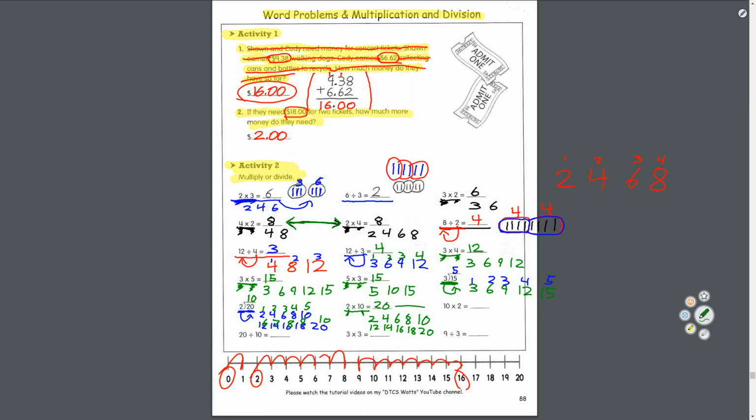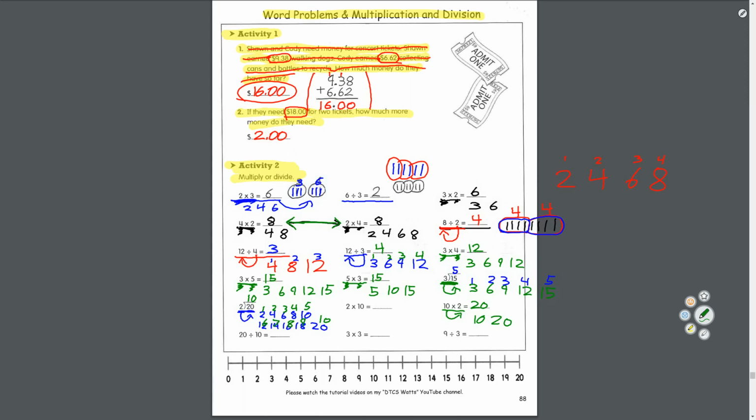Now look how much easier it is this way. 10 times 2. I'm going to skip count by 10, 2 times. 10, 20. Same answer. So let's go back to that question, the one before. You see how much work we had to do? To make it easier on ourselves, we can just flip the numbers ourselves. There's no rule that says we can't do that.